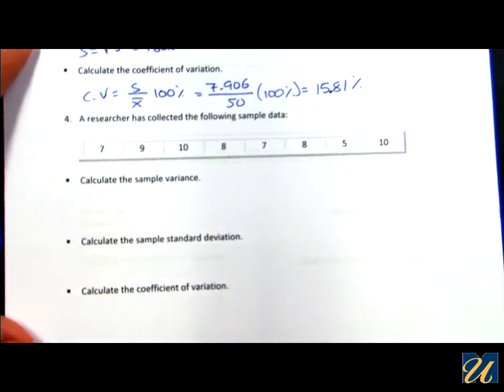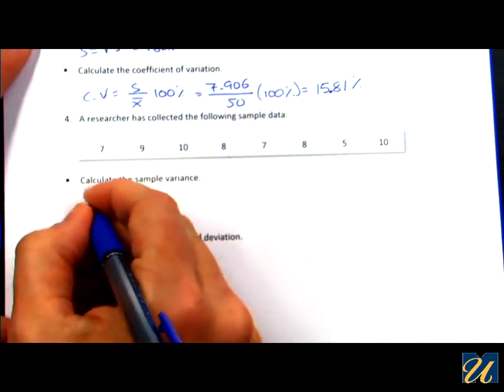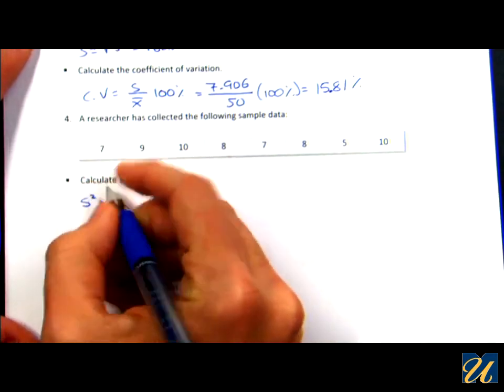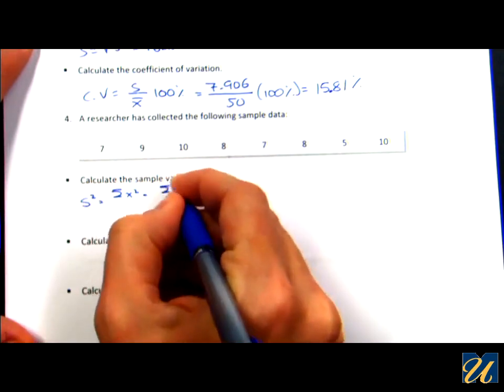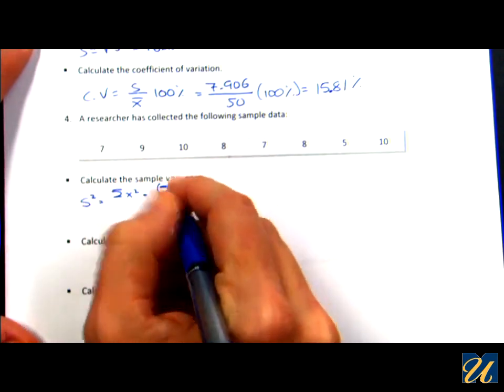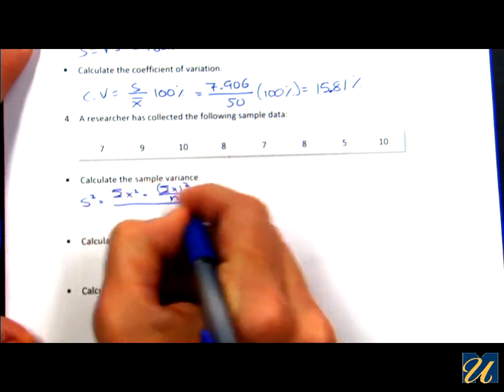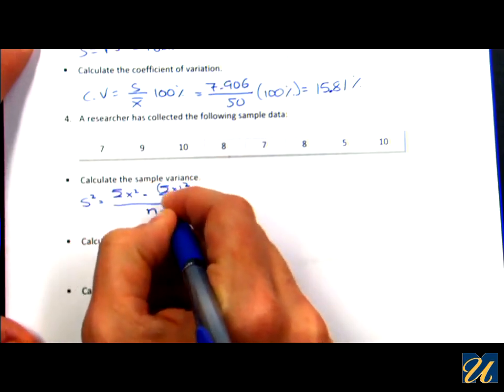To find the sample variance, once again, we write down the formula: the sum of the squared entries minus the sum of the entries squared over n, and all of that over n minus 1.